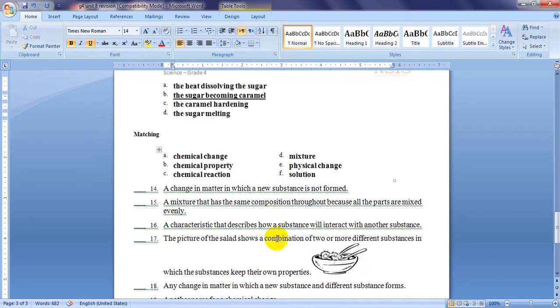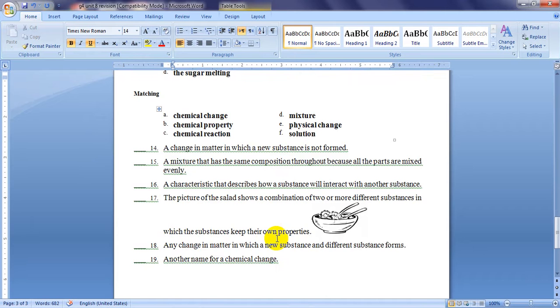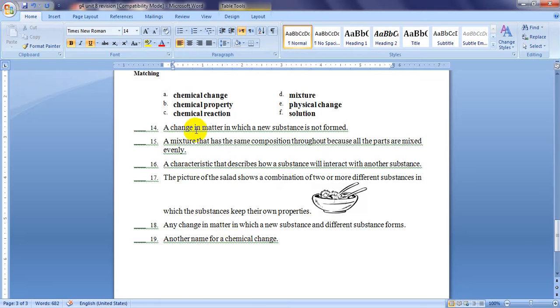Let's move down to the next question, which is matching. Here you have 6 words and 6 sentences. You need to write the suitable letter next to each definition or sentence. The words are chemical change, chemical property, chemical reaction, mixture, physical change, solution.